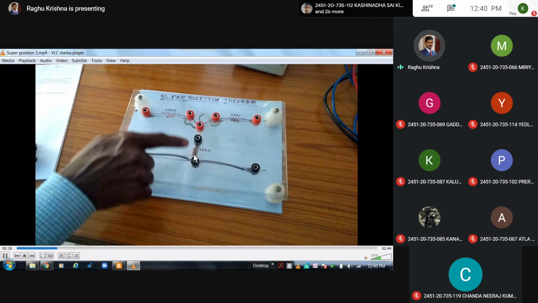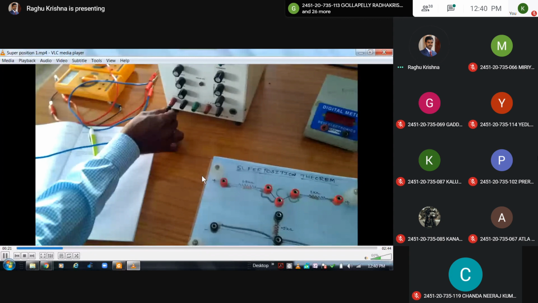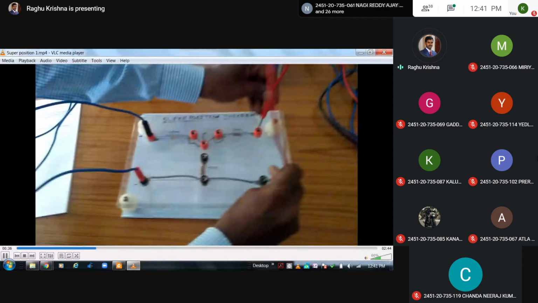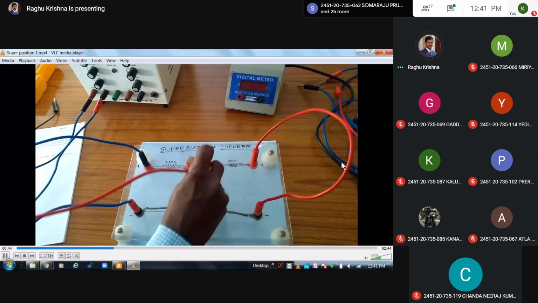So first I am going to connect a voltage source V1. So positive terminal to positive terminal. Now I am making V2 as 0 by placing a short circuited wire. So here I am connecting the ammeter to measure the current flowing through R2.